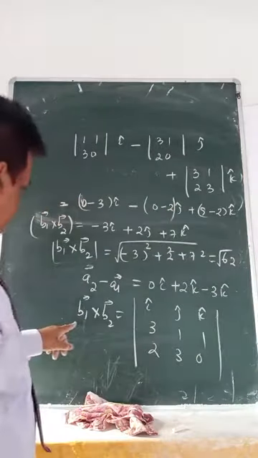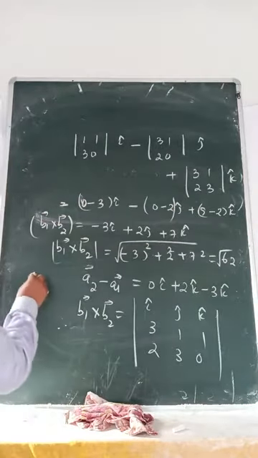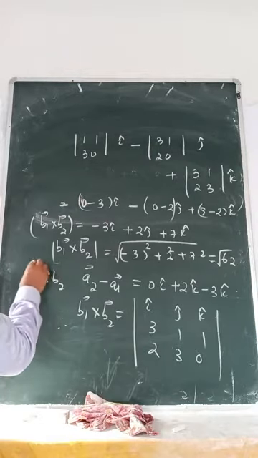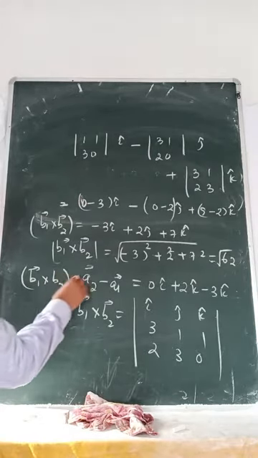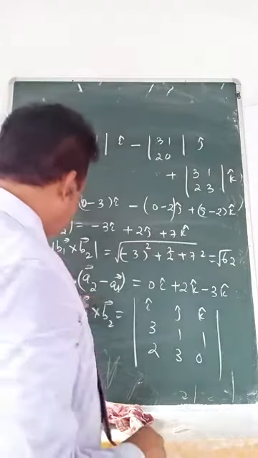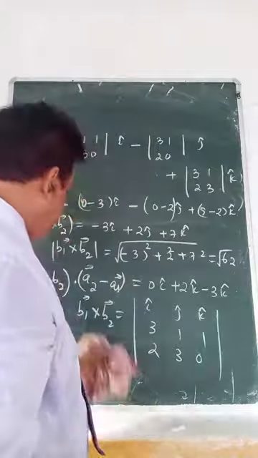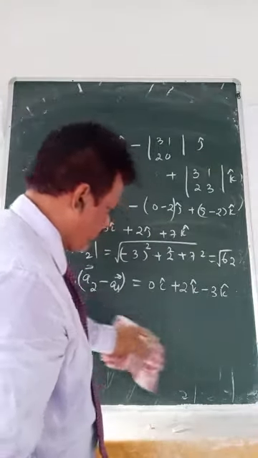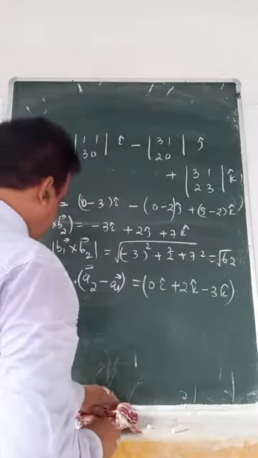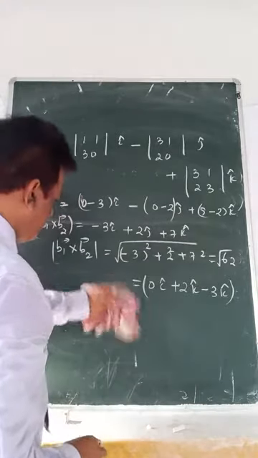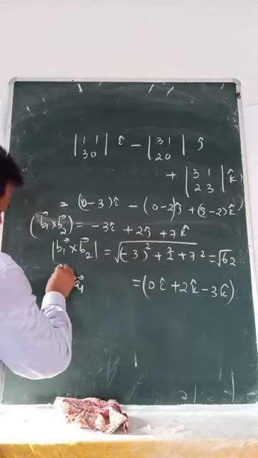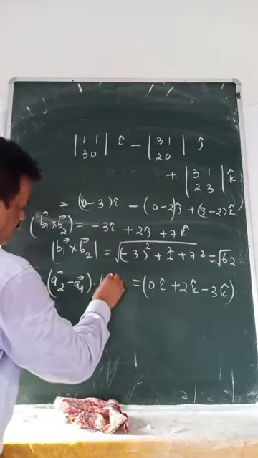Okay, then you need B1 cross B2 dot A2 minus A1. Dot product is commutative, so you can interchange it: A2 minus A1 dot B1 cross B2.